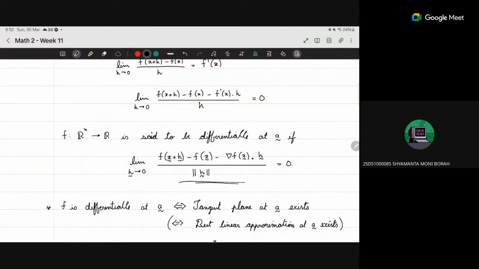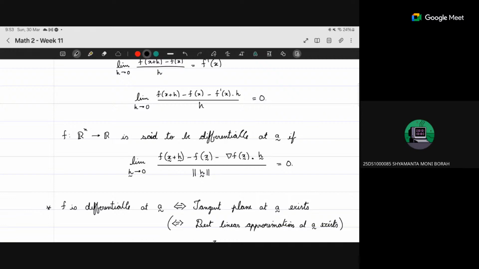For the limit to exist, first of all, this gradient should exist. So strictly, if you want to write it even more rigorously, you'll have to say f is said to be differentiable at a if the gradient exists and this limit exists and is equal to 0. So differentiability implies existence of the gradient.